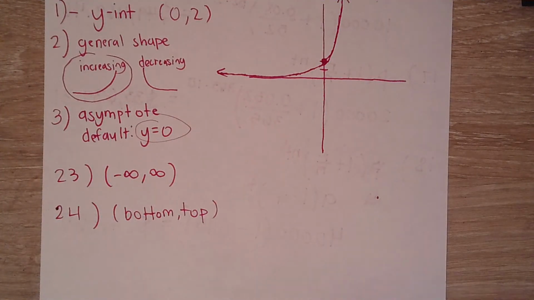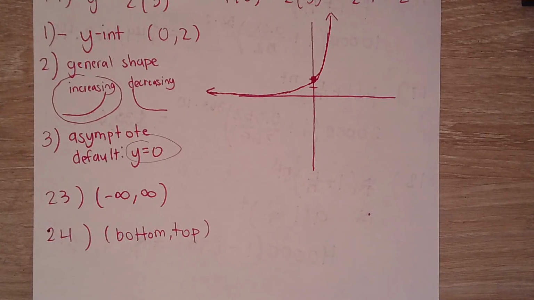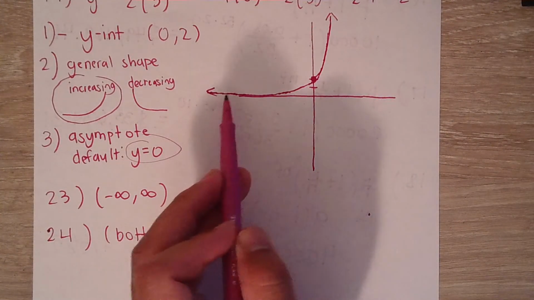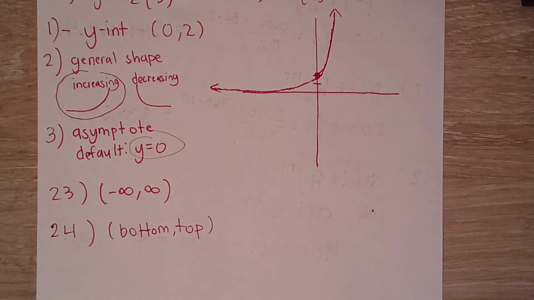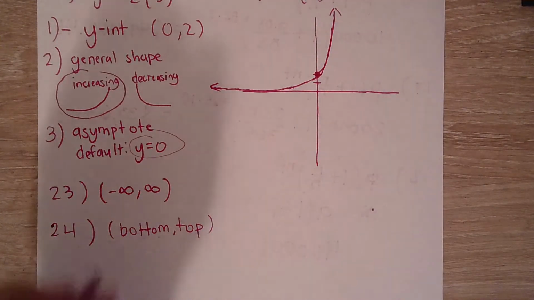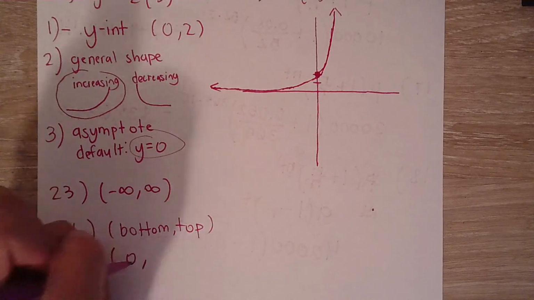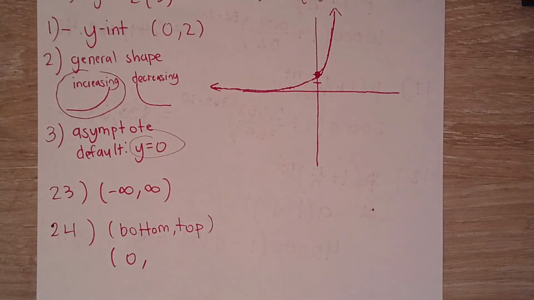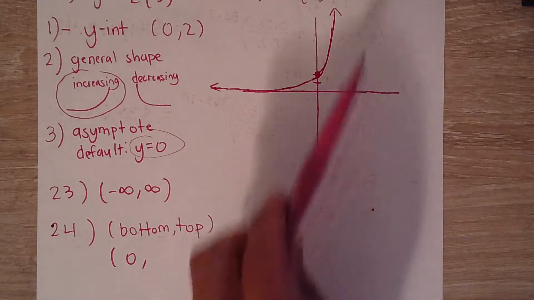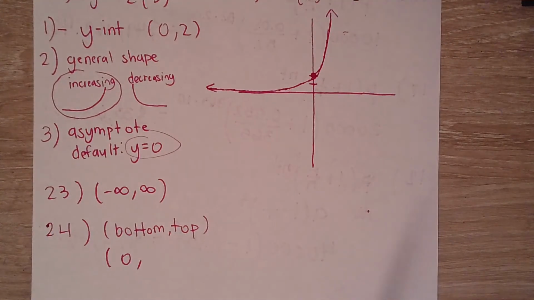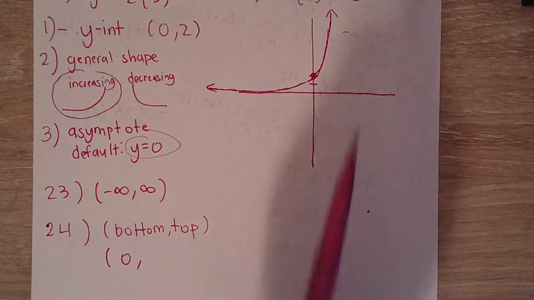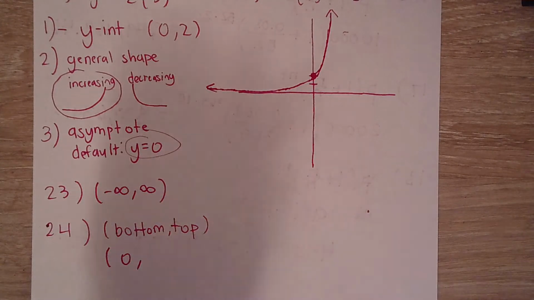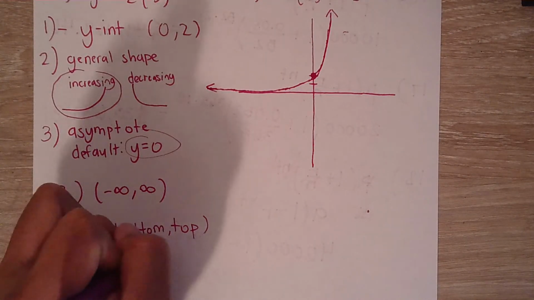The bottom of our graph definitely has a relationship with the asymptote. Even though it doesn't reach 0, we can think of it as getting pretty close to 0, so our bottom is going to be 0. The top of our graph, well, this line doesn't stop increasing, right? It's going to keep on going up and up and up. So the range is 0 to infinity.